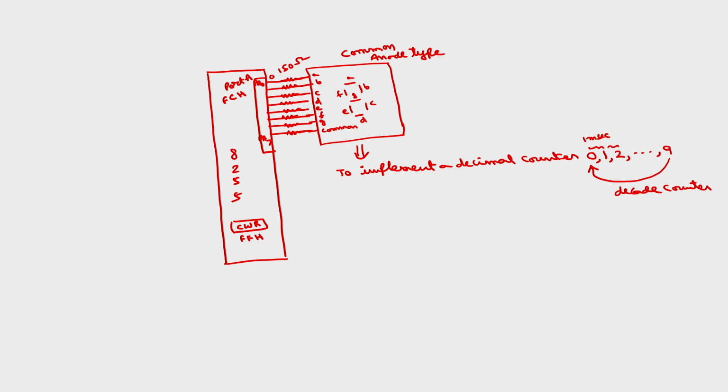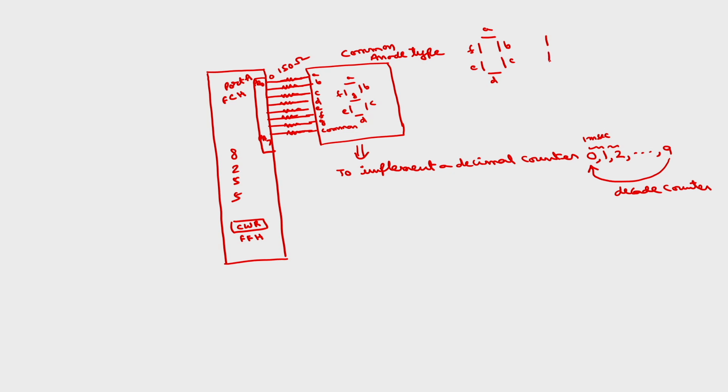Then the first step is how to display digits. I want to display 0 like this. I have only one option. So, in order to display 0, these are the segments that have to be glown, A, B, C, D, E, F, and G has to be off. To display 1, we can select 2 ways.